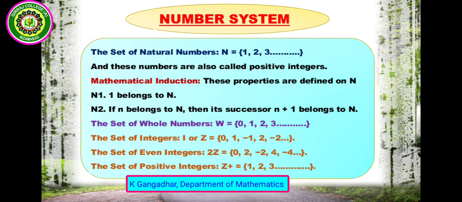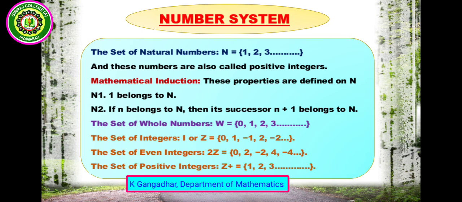In these integers, again we define even integers, odd integers, positive integers, and negative integers. What are the even integers? Even integers means two multiples. Integers that are multiples of 2 are called even integers. The set is denoted by 2Z, and even integers are 0, plus 2, minus 2, plus 4, minus 4, plus 6, minus 6.